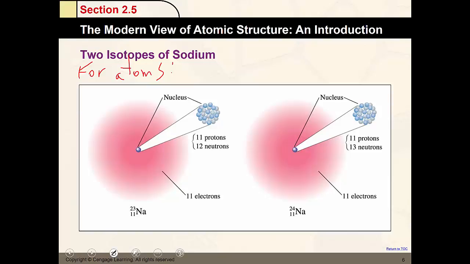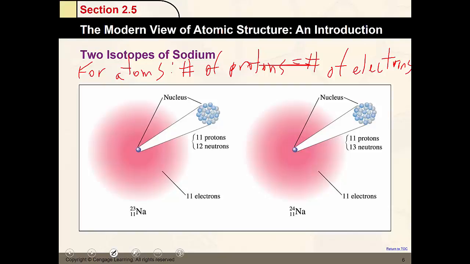For atoms, since all atoms are neutral, the number of protons must equal the number of electrons, because protons have a positive one charge. In order to balance out that charge, there has to be the same number of electrons.